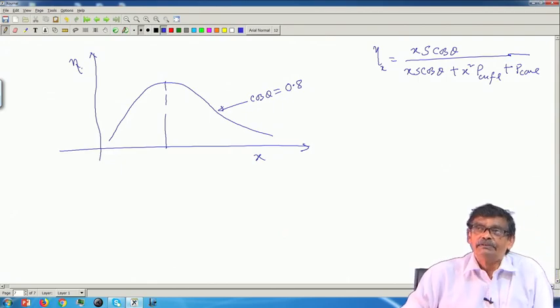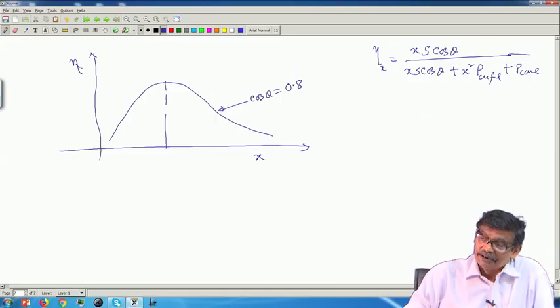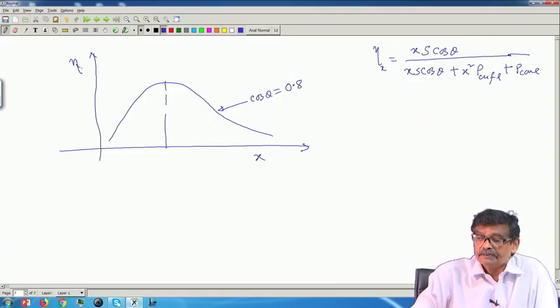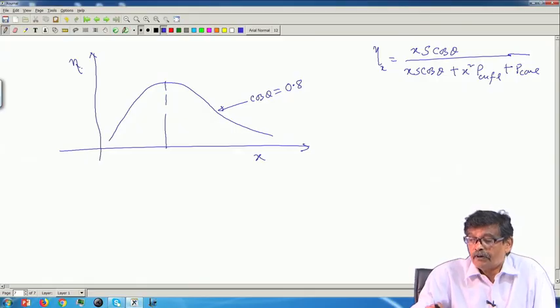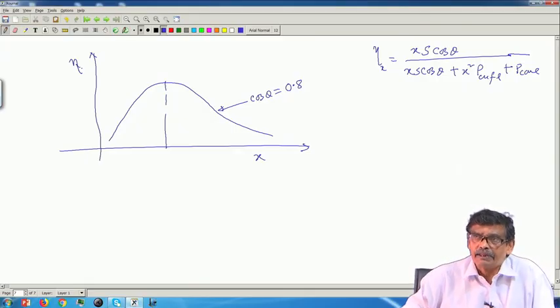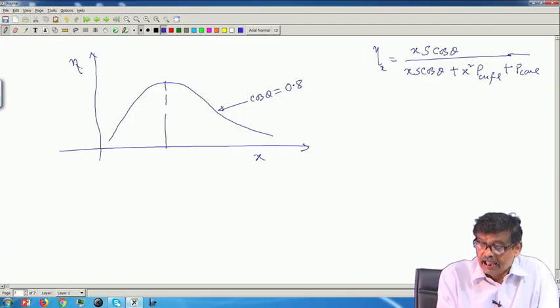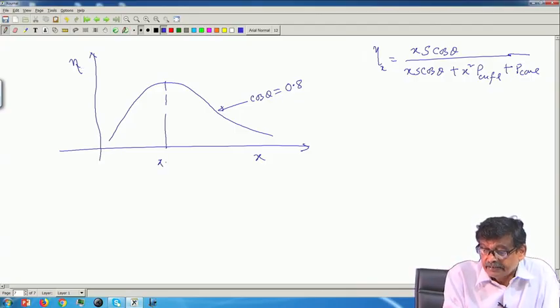Now, the question I will ask you, okay, suppose this is the efficiency versus x curve at power factor 0.8, lag lead does not matter. At a given power factor 0.8, this is the curve and this is the value of x. What is that? That is square root of P core by P copper full load.